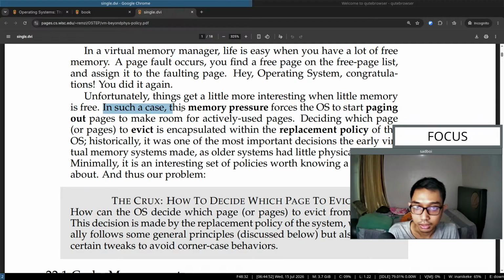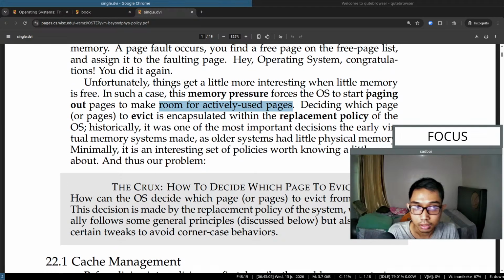In such a case, this memory pressure forces the operating system to start paging out pages to make room for actively used pages. Basically, the operating system starts moving pages out of memory to the disk, or maybe another device, I guess, to make room for actively used pages in memory.